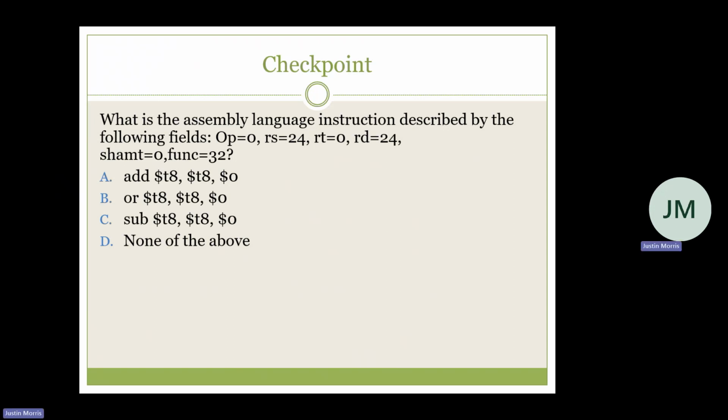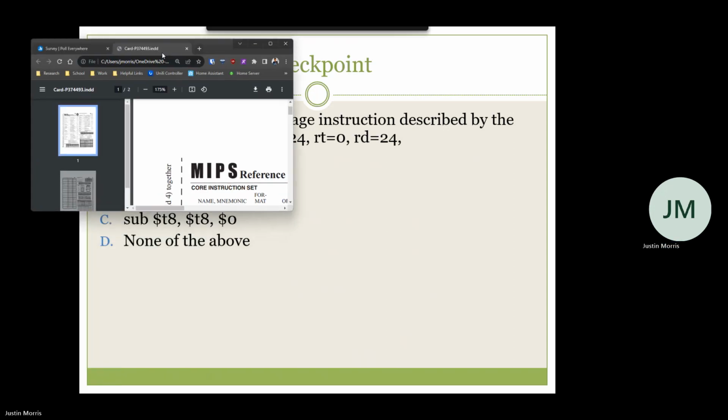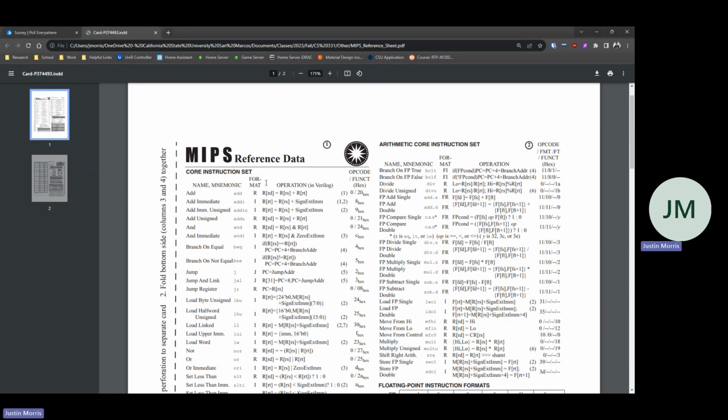All right, so we are past the threshold for this. And we can look at this together. So first thing that we should almost always do is opcode is 0 and funct code is 32. I'm going to look at my MIPS reference sheet.